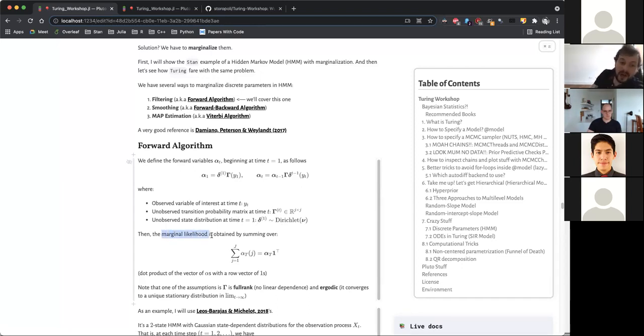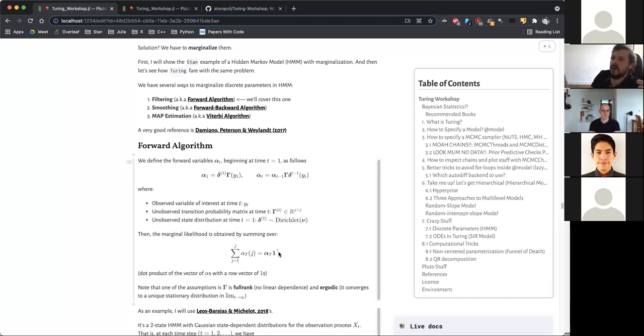And then we can have the marginal likelihood by summing over all the alpha t for all our entries of our matrix J. And in matrix notation, it's a vector multiplied by a row vector of 1s. So you sum them up.